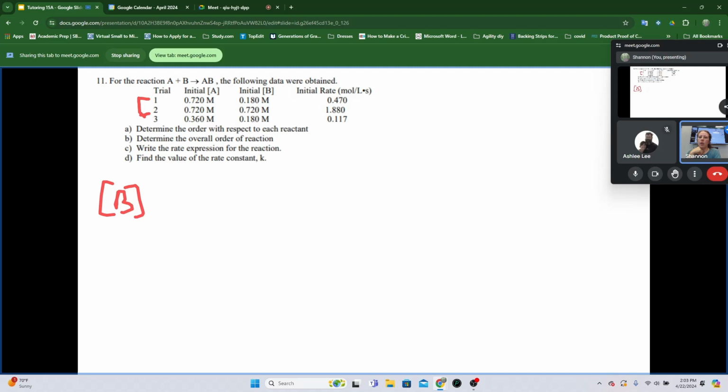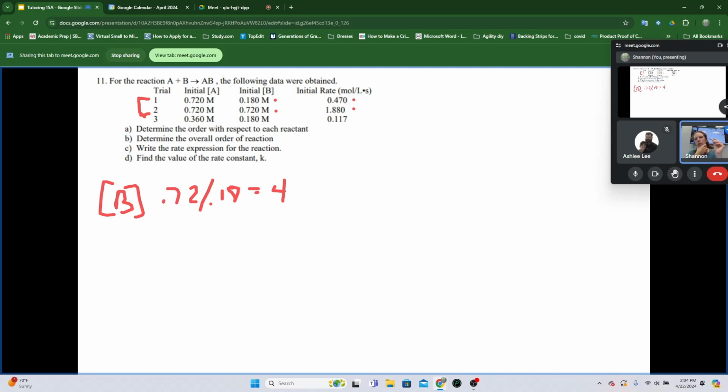I'm taking the highest concentration divided by the lowest, 0.72 divided by 0.18, and I get 4. That is the factor that the concentration of B was changed by. It was quadrupled.